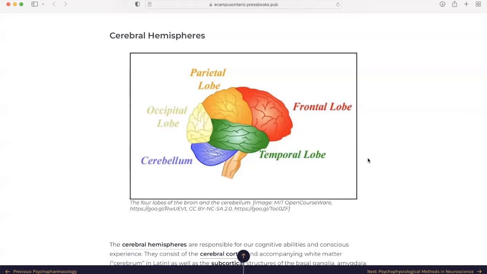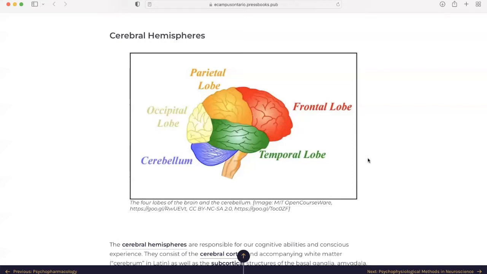They consist of the cerebral cortex and accompanying white matter, as well as the subcortical structures of the basal ganglia, amygdala, and hippocampal formation. The cerebral cortex is the largest and most visible part of the brain, retaining the Latin name cerebrum for large brain that Aristotle coined. We just talked about how he was talking about the small brain. Now we're talking about the large brain.